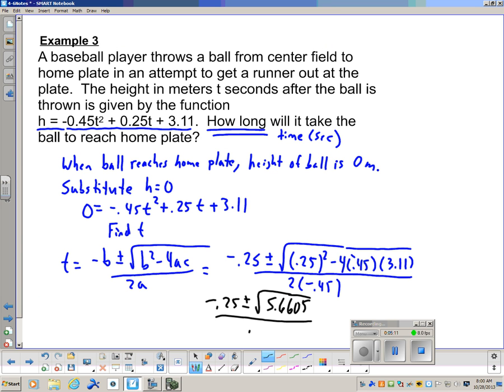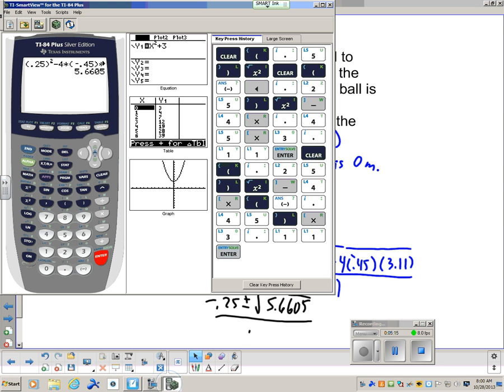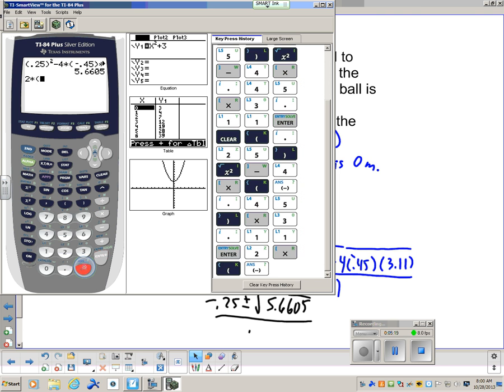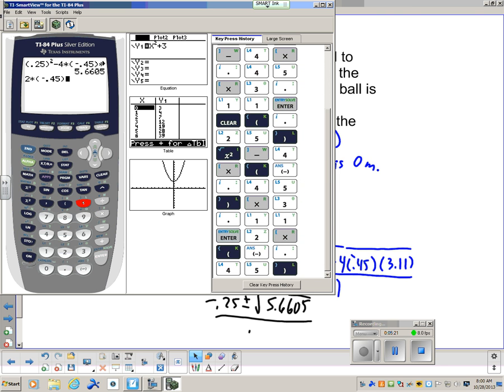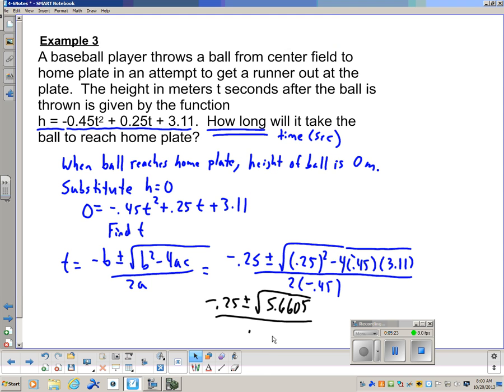All divided by 2 times negative 0.45. 2 times negative 0.45 gives me negative 0.9.